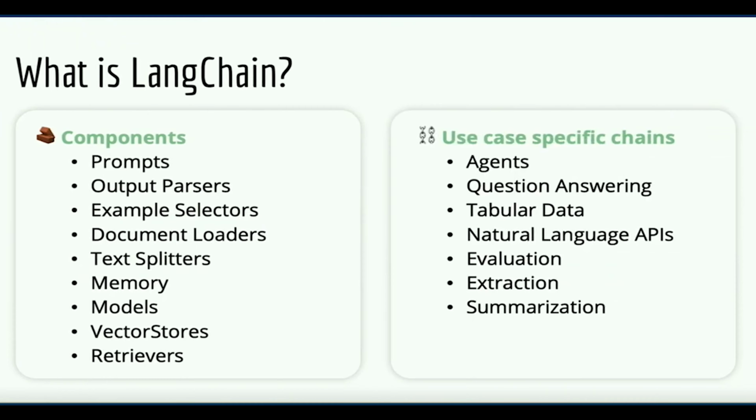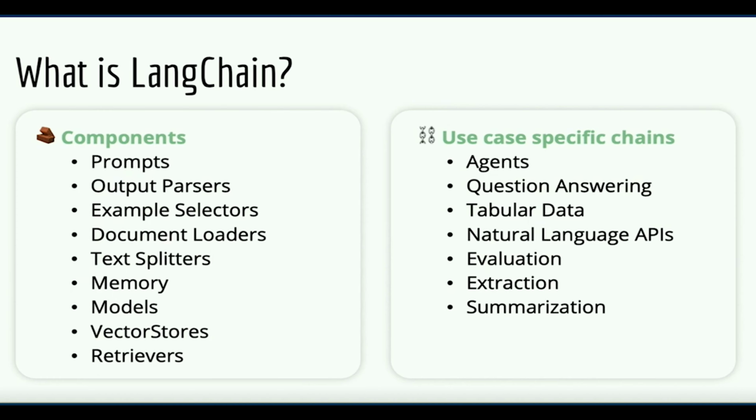As I mentioned, these are the important components in LangChain. It provides prompts, and once we get the response output, it provides output parsers to parse the text data. It also provides various example selectors, document loaders to load the documents, and text splitters to split the text.